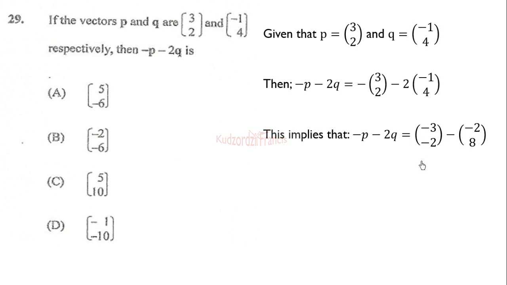Now we can subtract the corresponding components. Negative 3 minus negative 2 becomes positive. Then negative 2 minus 8. Now let us do the addition to obtain this. If you add negative 3 and 2, you get negative 1.